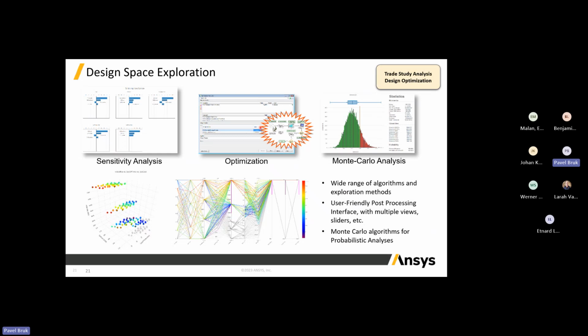ModelCenter helps you to select automatically various kinds of exploration methods and optimization algorithms, depending on the task you want to run and the input and output parameters you want to put in.